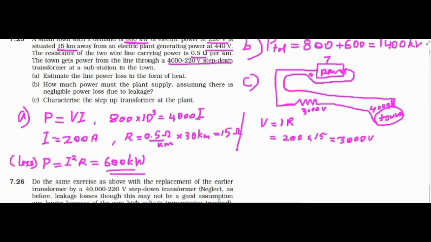So the power station should transmit the power at 7000 volt. It gives 7000 volt, 3000 is dropped across the line, and 4000 is dropped across the town. Okay, so we need to characterize the step-up transformer at the plant. The question says that power is produced at 440 volt in the plant, and the power should be transmitted at 7000 volt from the plant.